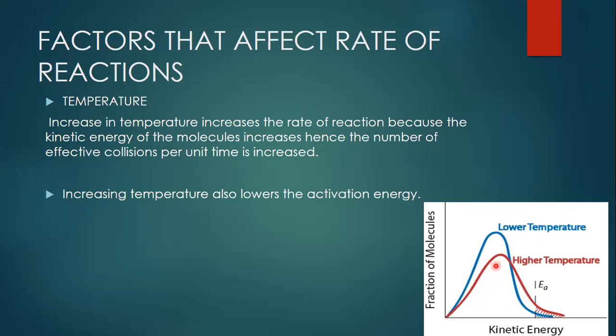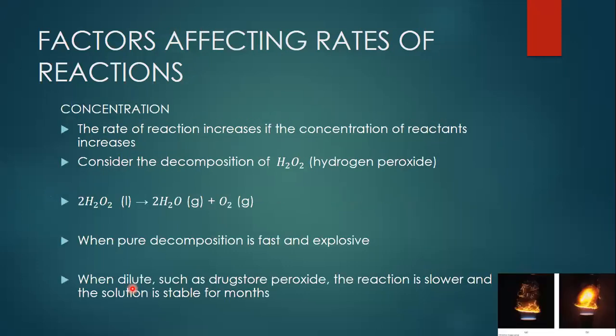So for a reaction to occur, we have to make sure that our reactant molecules are able to get to the activation energy or surpass the activation energy. So when you increase the temperature, it lowers the activation energy, making the molecules able to reach there, and therefore increasing the rate of reaction. So that is that.